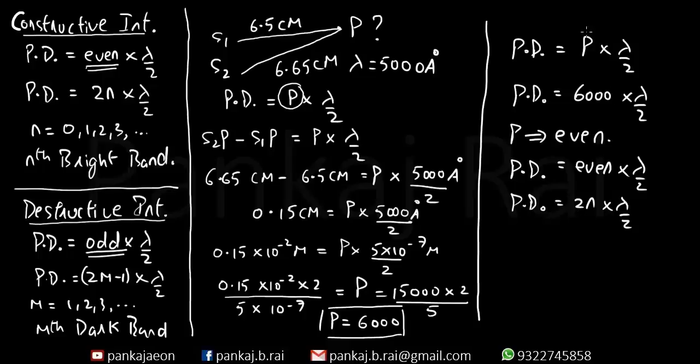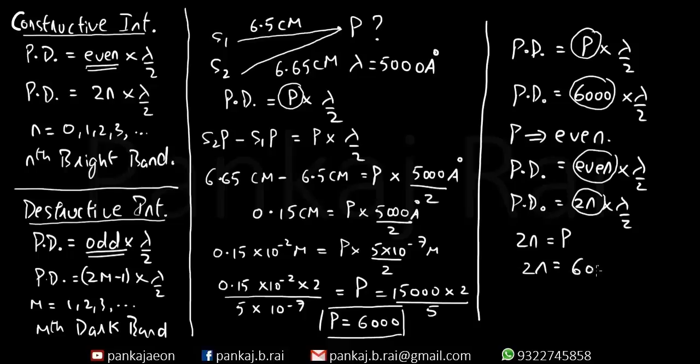As you can see, this p, the 6000, is even, and this 2n, they are one and the same. So I can equate 2n to p, so 2n is equal to 6000, and n will come out to be 3000.